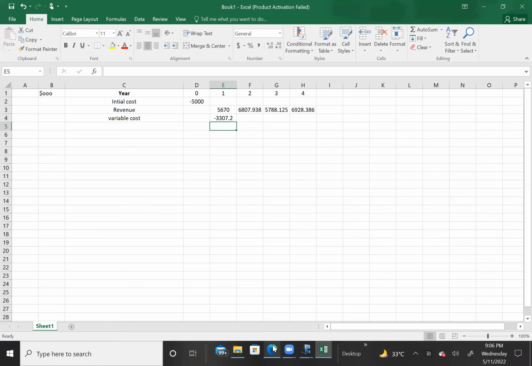In year 2, it will be equal to 13,000 into 280 and again into 1.06, but this time raised to power 2.